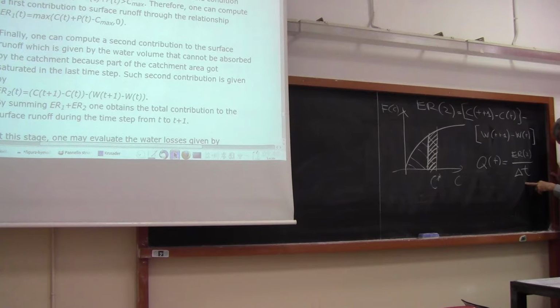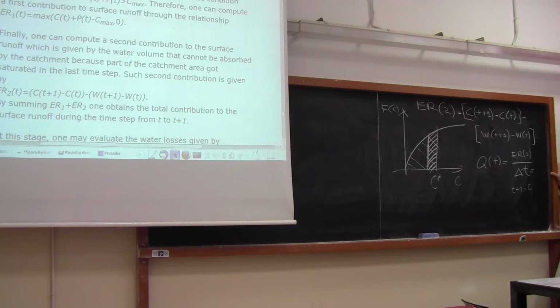If you want to compute the discharge, you have to divide by the time step. And what is the time step? Delta t is equal to t plus 1 minus t.